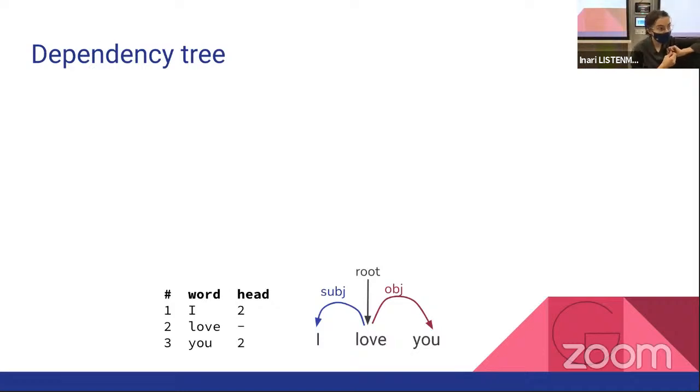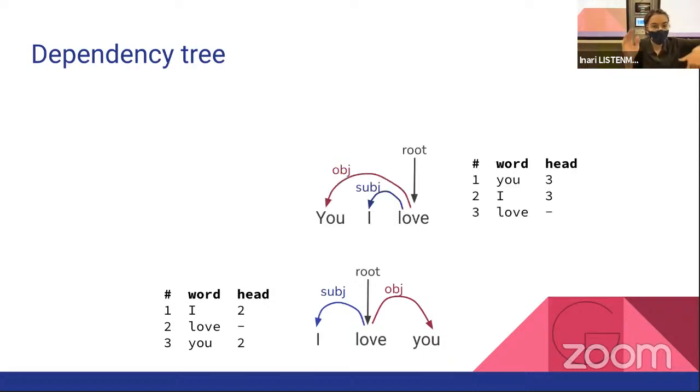You start by numbering the words, and then you put their head. In this case, the head of 1 and 3 is word number 2, and in this case the head of 1 and 2 is word number 3. But these trees are basically the same. There are no new theoretical things added here.